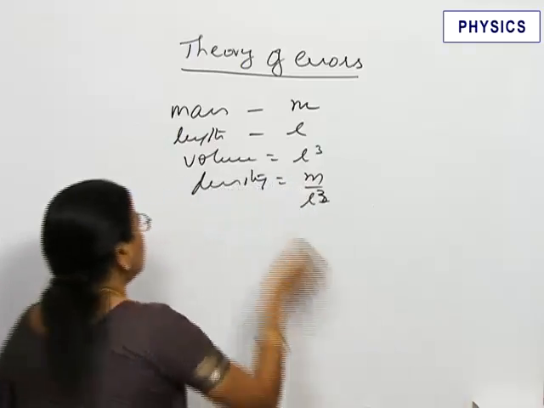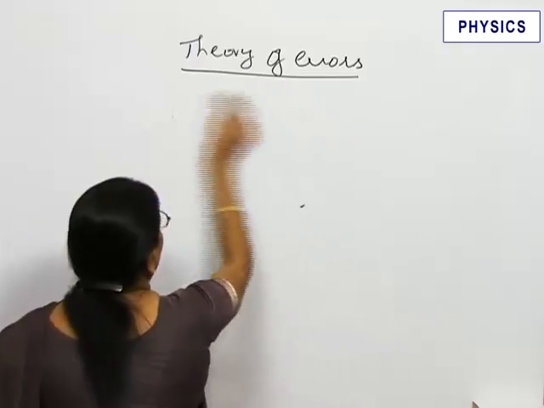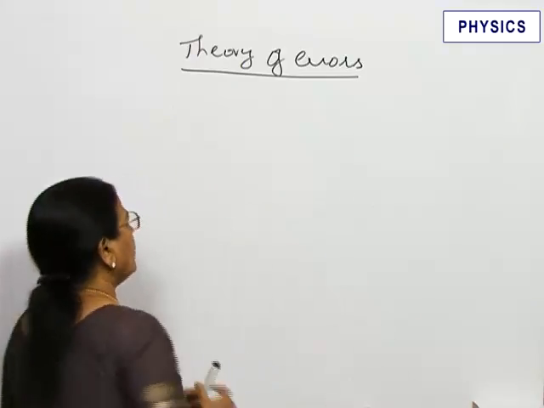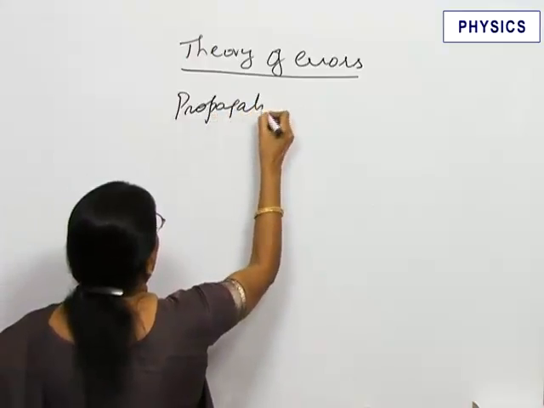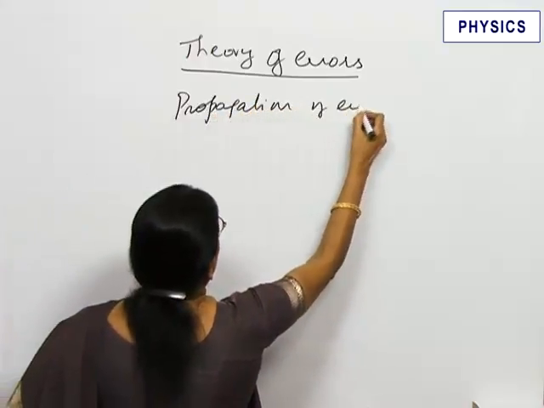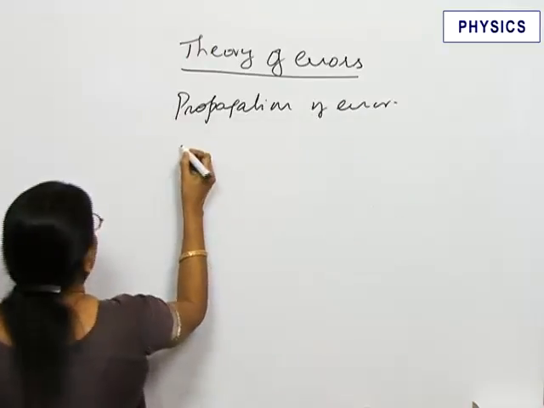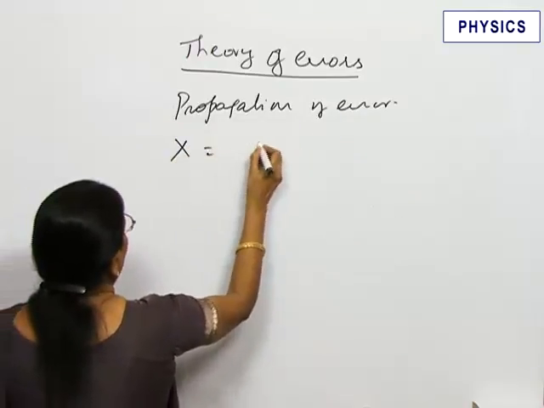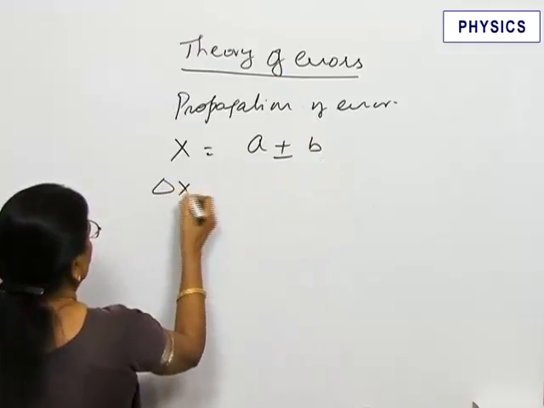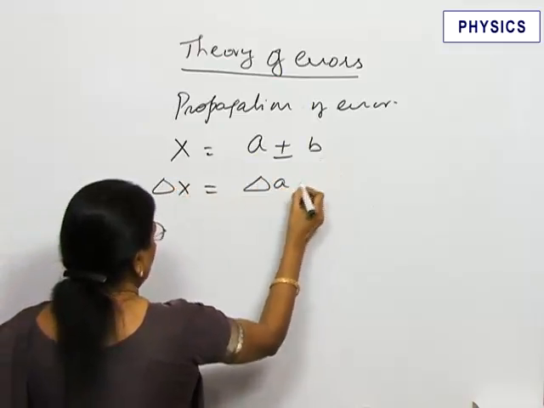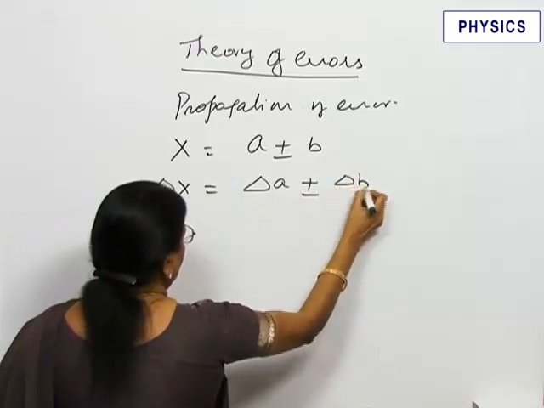So now I am going to tell you about the propagation of error or combination of errors. So propagation of error. Suppose a quantity x is given as a plus or minus b, then the error delta x is the maximum possible error.